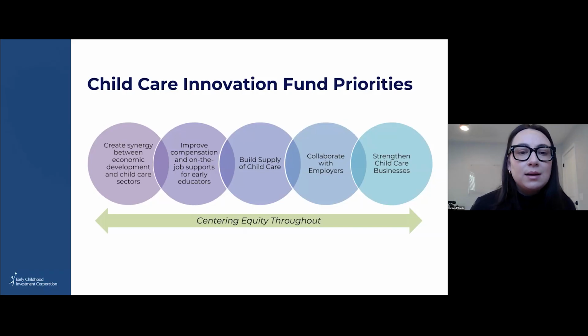Second is to improve compensation and on-the-job supports for early educators, build supply of childcare, collaborate with employers, and strengthen childcare businesses, all while centering equity throughout all of these priorities and outcomes. The Regional Child Care Coalition Project is a systems change initiative that truly works to move each of these outcomes and priorities forward. And we look forward to sharing more with you today.